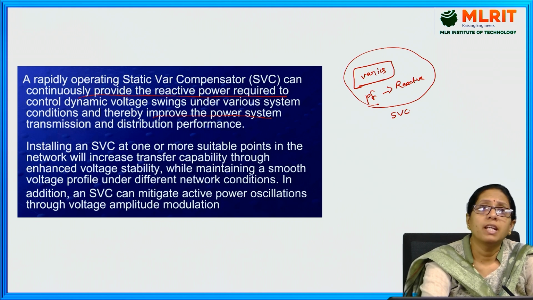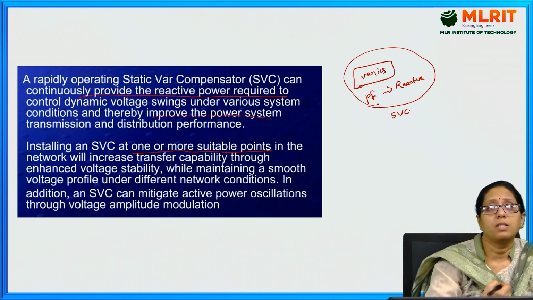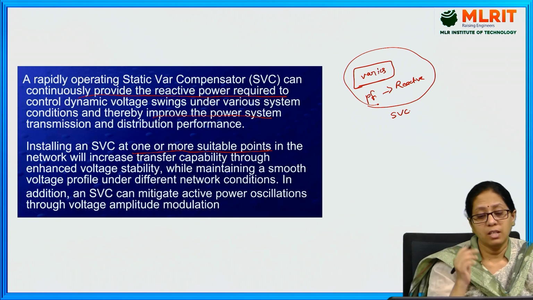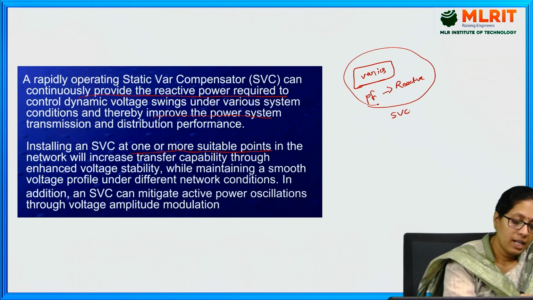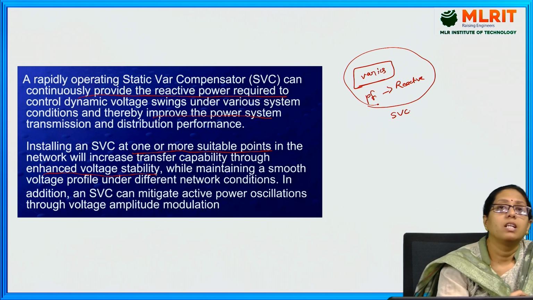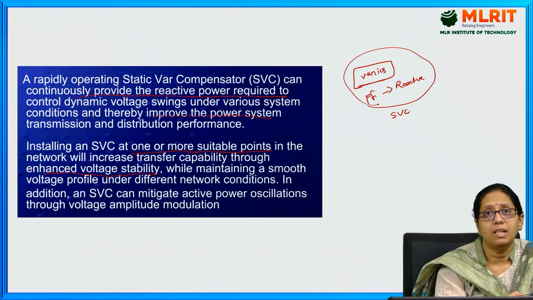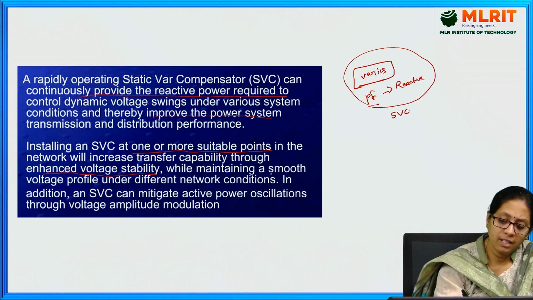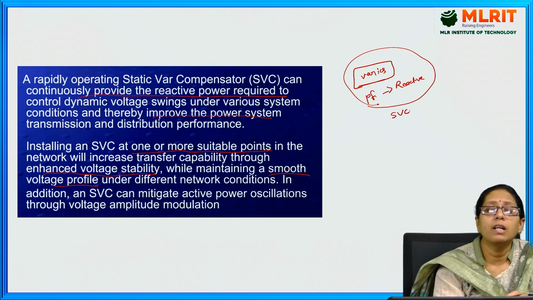By installing an SVC at one or more suitable points, we can place this SVC at one or more number of points in a network. It will increase the transfer capability through the enhanced voltage, in order to improve the stability, voltage stability, while maintaining a smooth voltage profile under different network conditions.